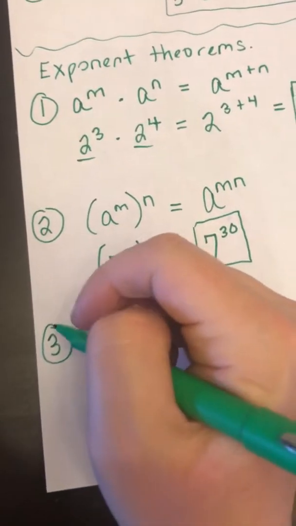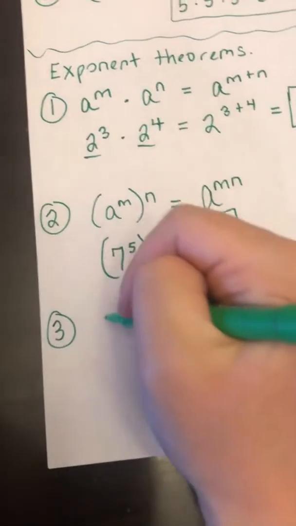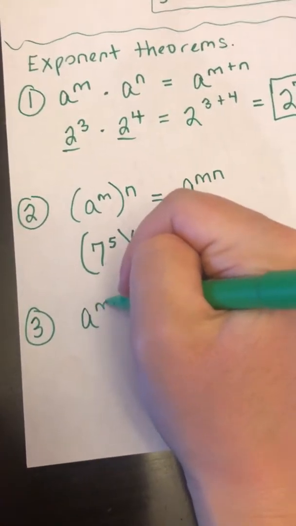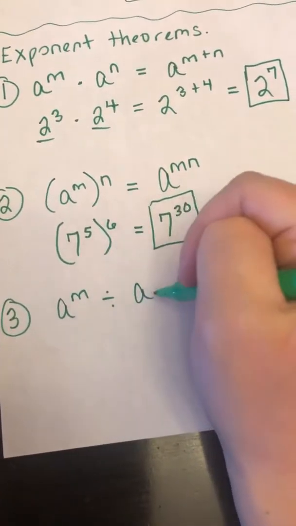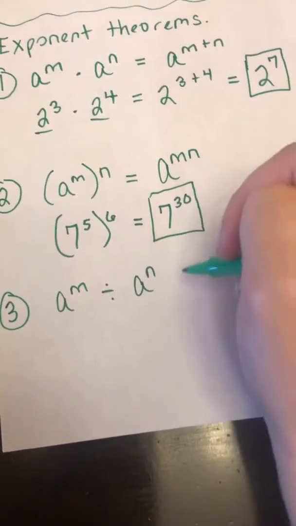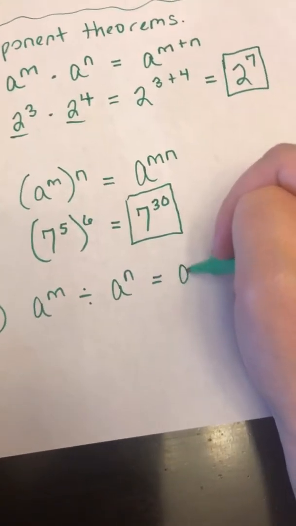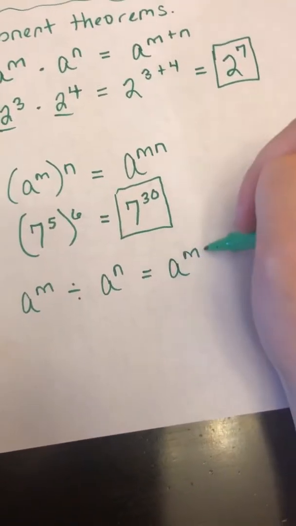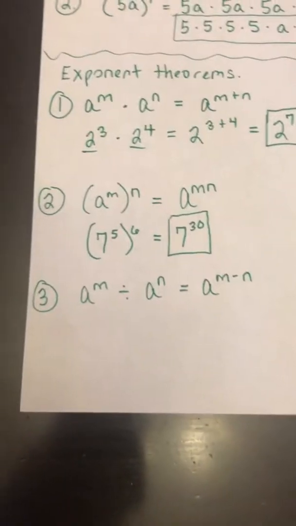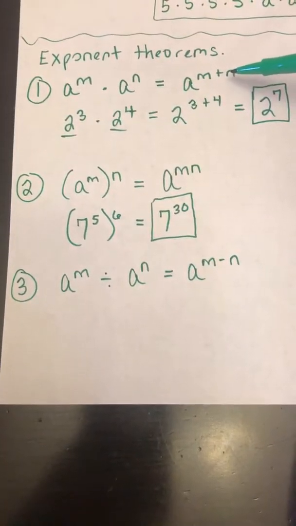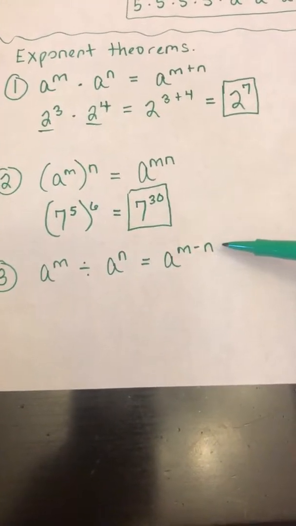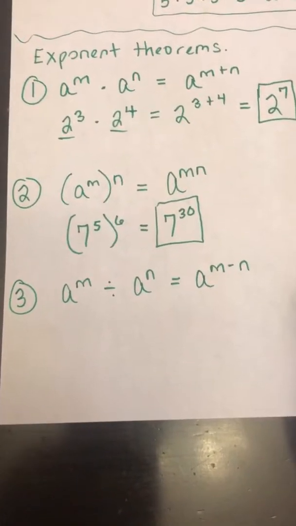Number 3, this theorem says if you have the same base to the mth power divided by the same base to the nth power, that's the same thing as doing the base and subtracting the exponents. So notice up here with multiplication, we added the exponents. With division, we are subtracting the exponents, okay?